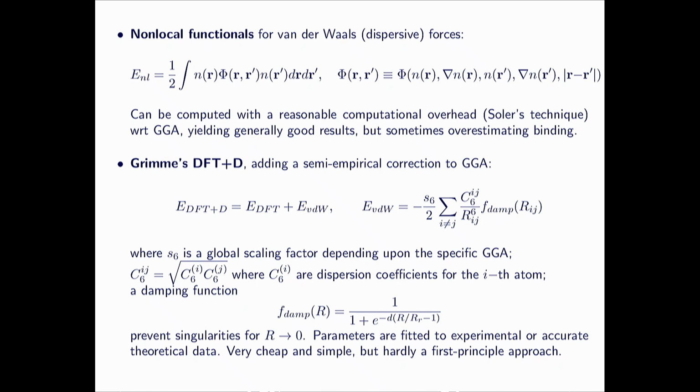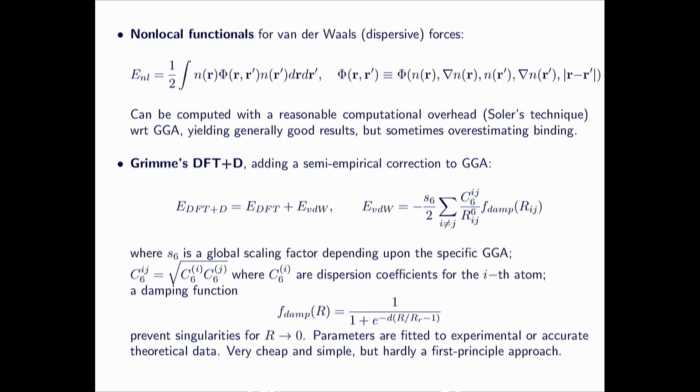In general, you have to write something that has this form. This is not the most general, but a general form for a possible non-local object. So you have the charge density as a function of r, the charge density as a function of r prime, and the kernel.